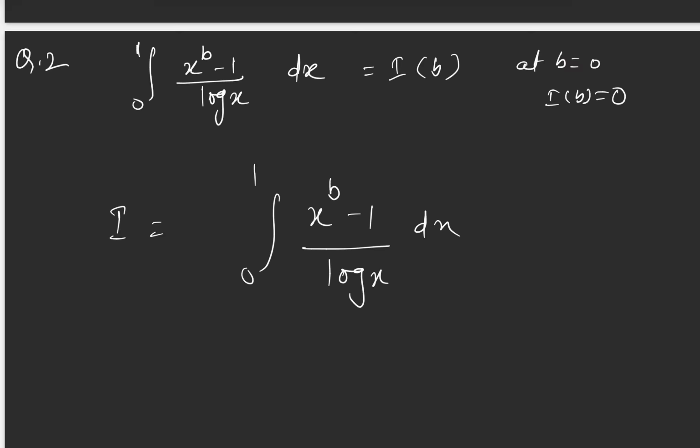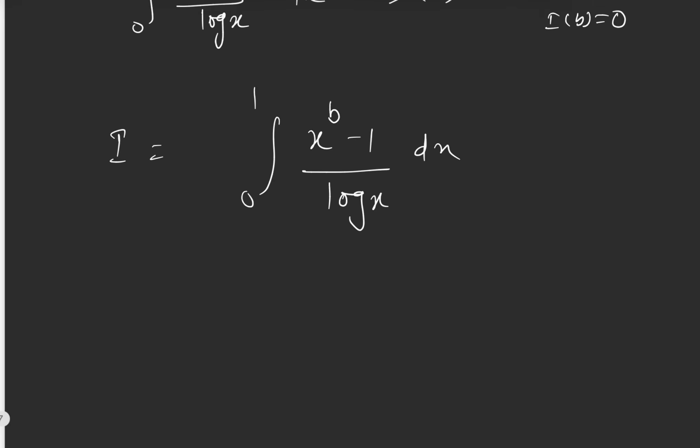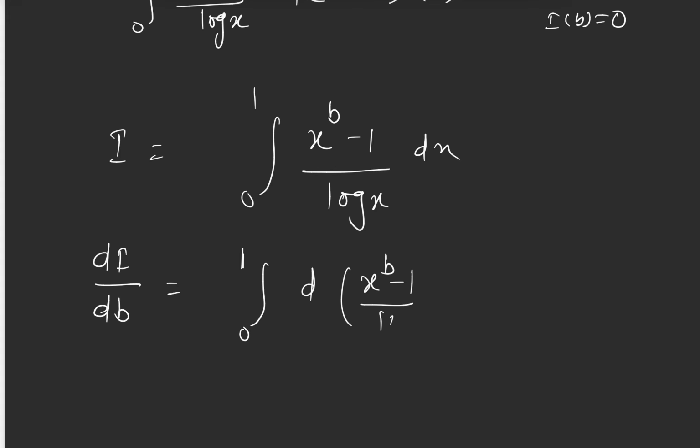Okay, now let's solve it. Before solving, I am differentiating this integration with respect to b. So if I do differentiation with respect to b, it will be d of (x power b minus 1) by log x dx.